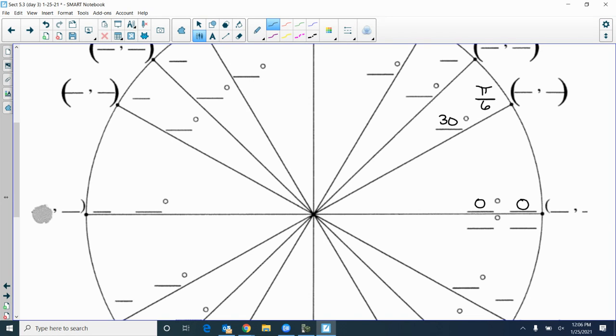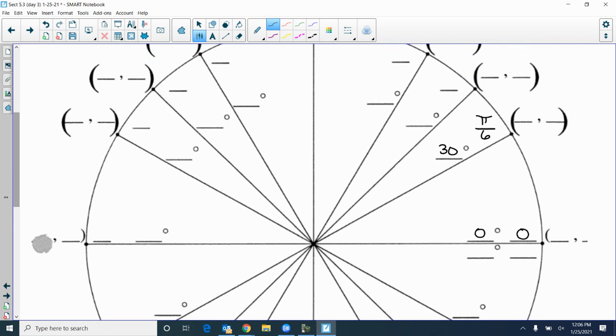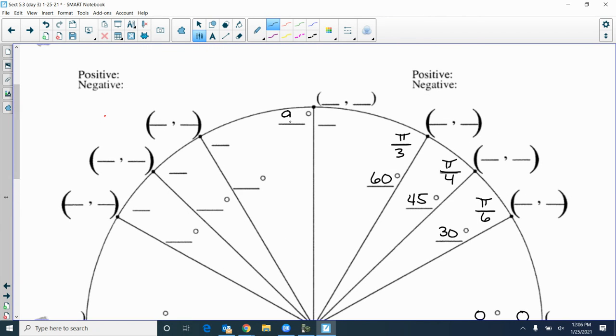Then it'll be 30, 45, 60, and this will be pi over 4, pi over 3, and then 90 degrees is pi over 2. All right, fill out the rest, just the angles and radians.